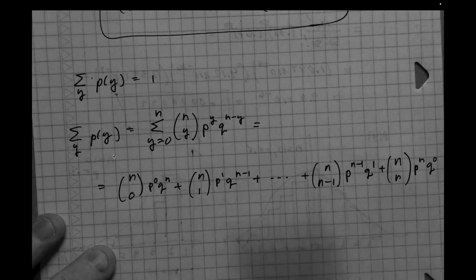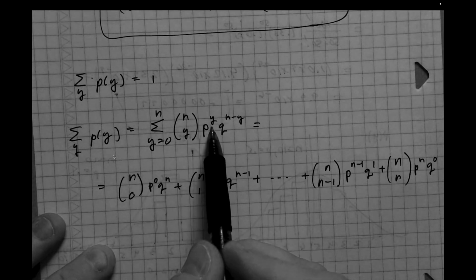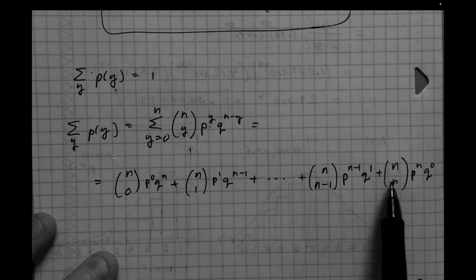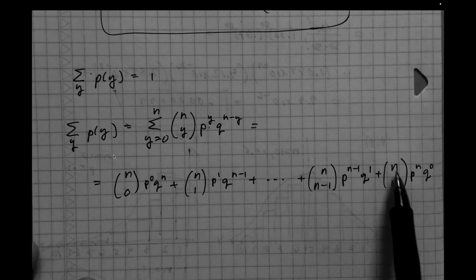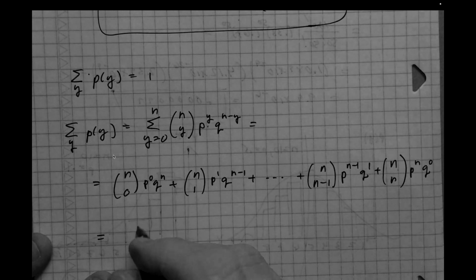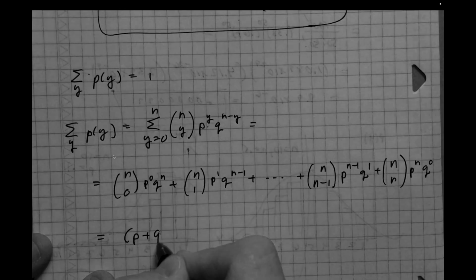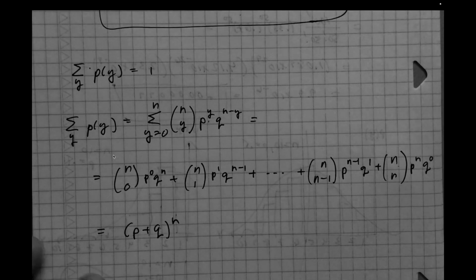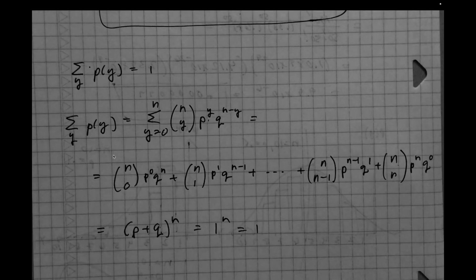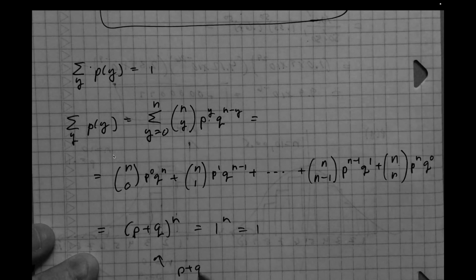We know this is the binomial expansion, so this is equal to p plus q to the nth power. Of course, p and q sum to 1, so this is just equal to 1 to the nth power, which is, of course, 1. So note here that p plus q equals 1.